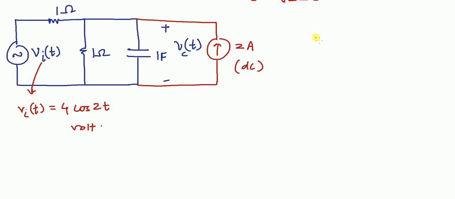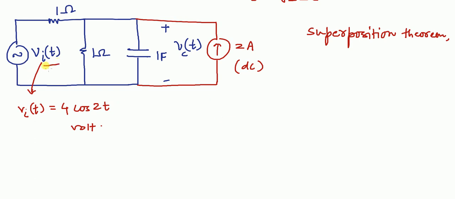So now to solve this circuit we can apply superposition theorem, because this circuit is linear, all the components are linear. In superposition theorem, at a time we'll consider only one source.